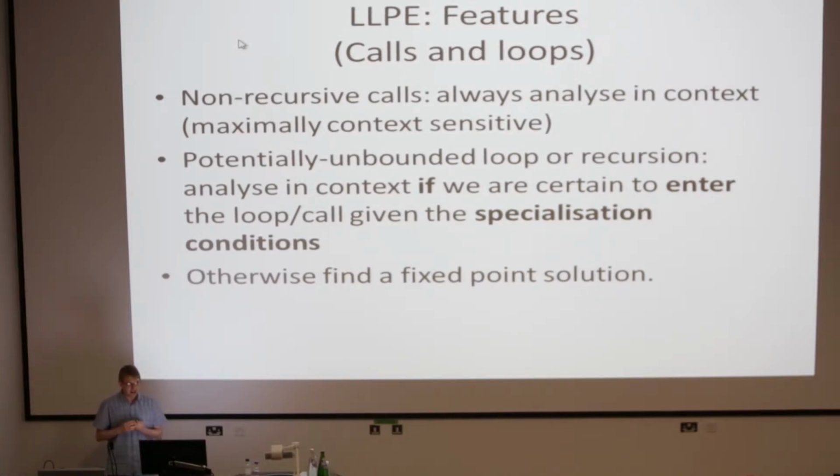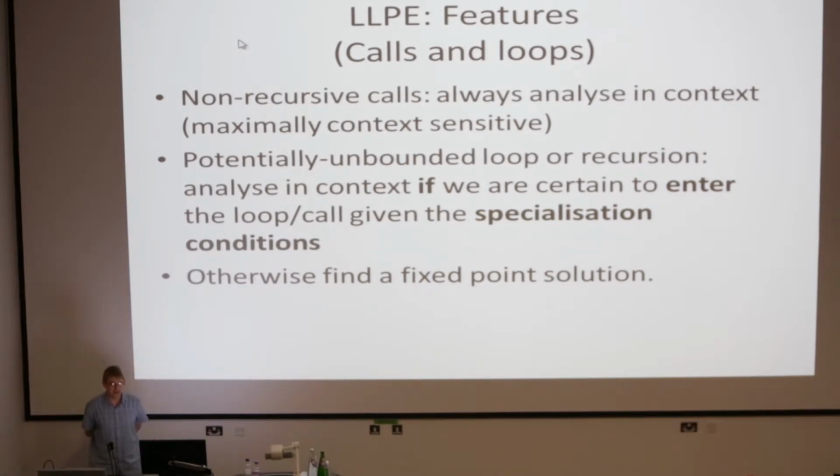Whenever we enter a potentially unbounded loop or recursive call, we have a problem there. We need to figure out whether we should descend into that or whether we should try to do some summary analysis. And the strategy used at the moment is that if, considering the circumstances we're specializing according to, we are certain to get there, then we will do unbounded descent into that loop or call.